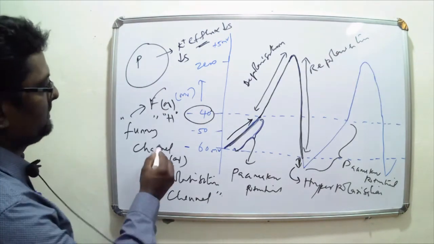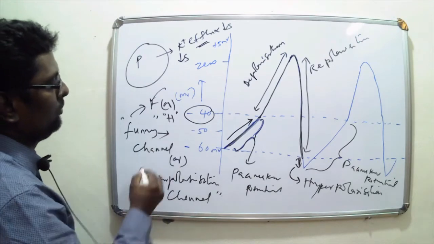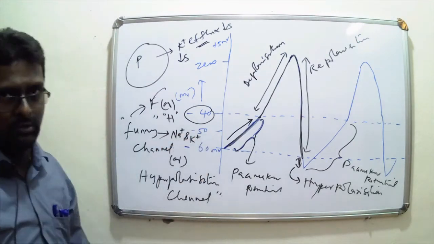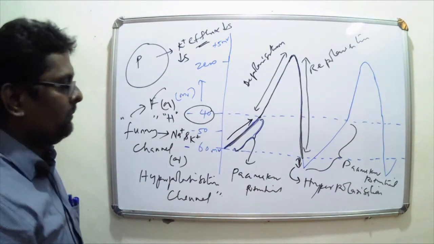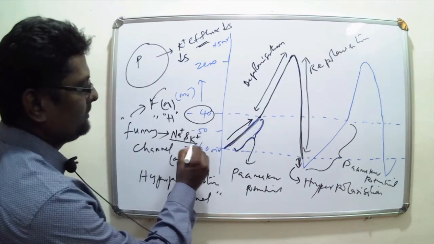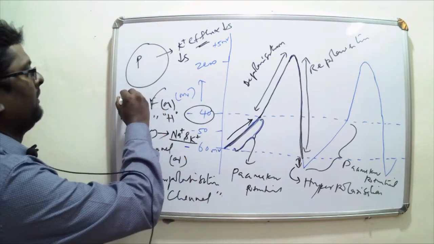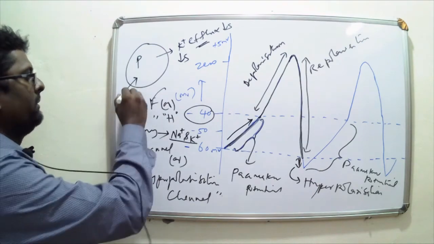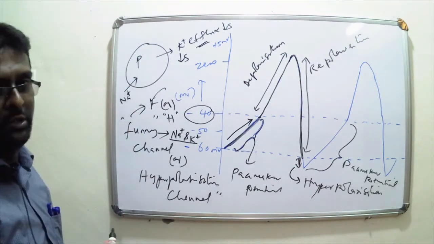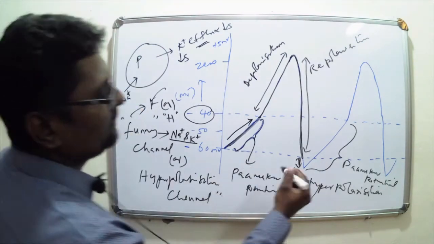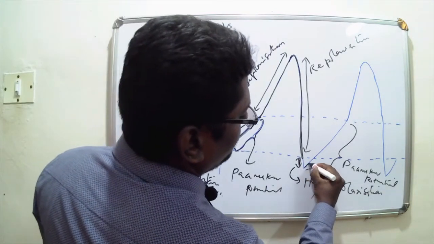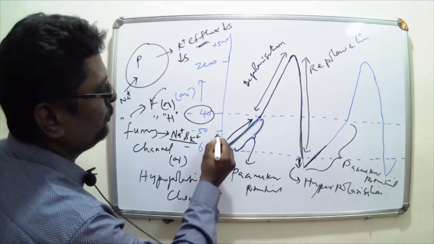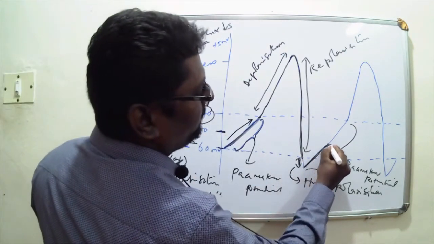Now this channel is permeable to both sodium ions and potassium ions. Because the sodium ions begin to enter the P cells from the ECF, slow depolarization happens. This leads to an increase in the membrane potential from minus 60 millivolts to minus 50 millivolts.